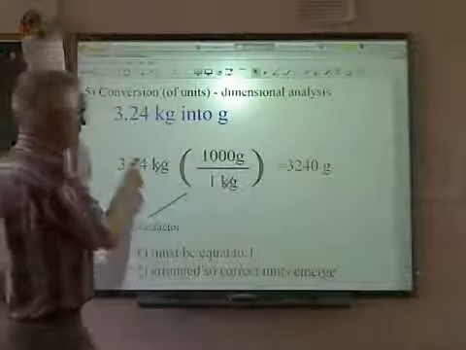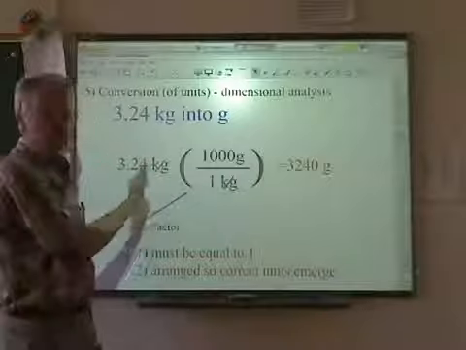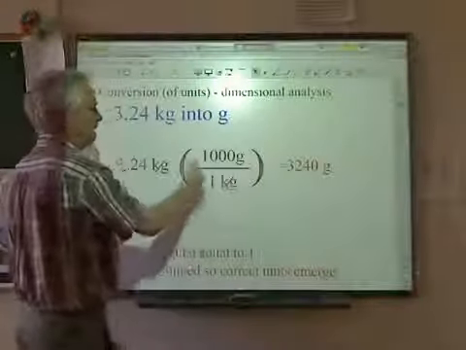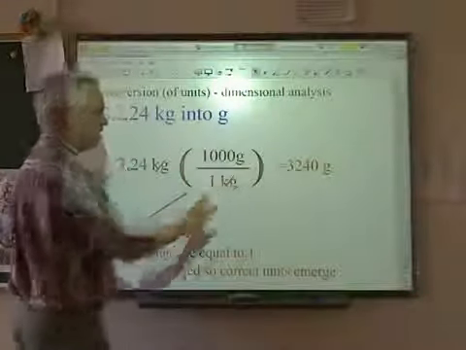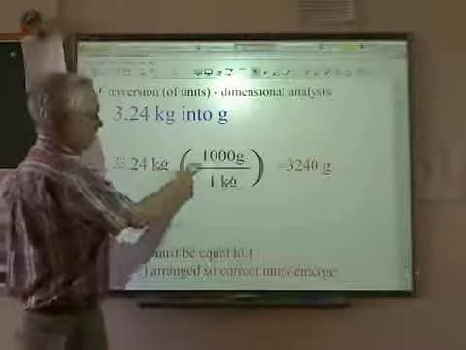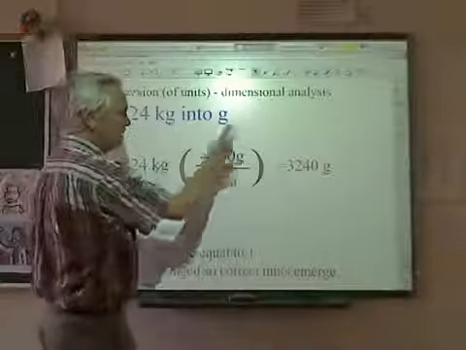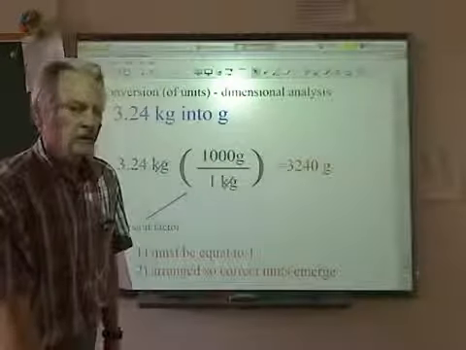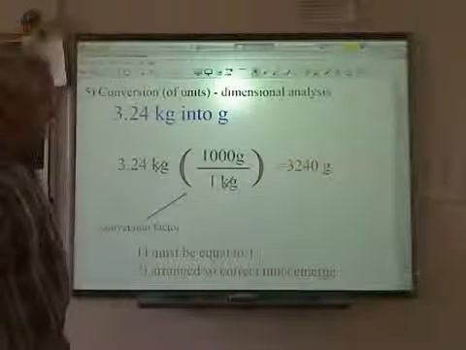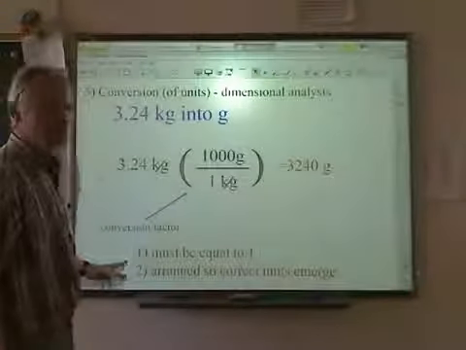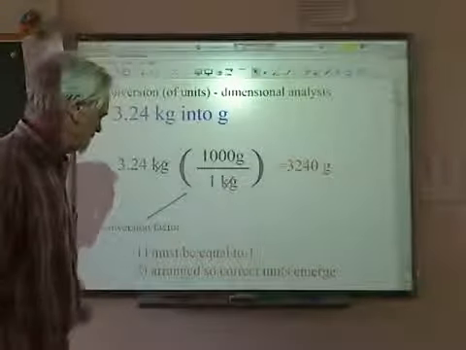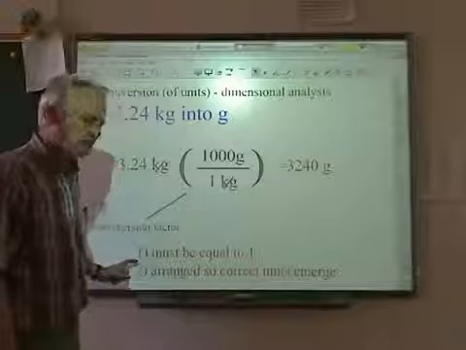Notice that if I take 3.24 kilograms and multiply by 1,000 grams per kilogram, the kilograms over the kilograms cancel, just like it were a number, and we're left with our answer in the numerator units, grams here. The two properties of that conversion factor, and these are critical, must be equal to 1.